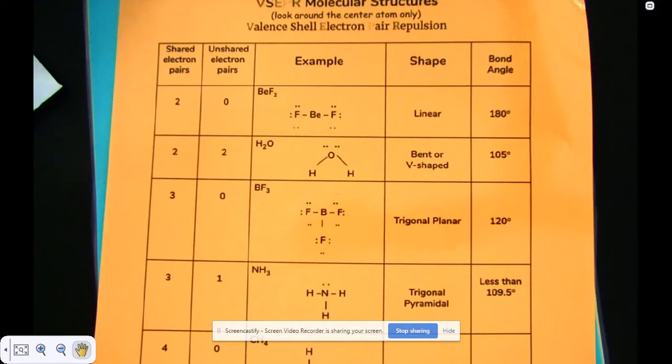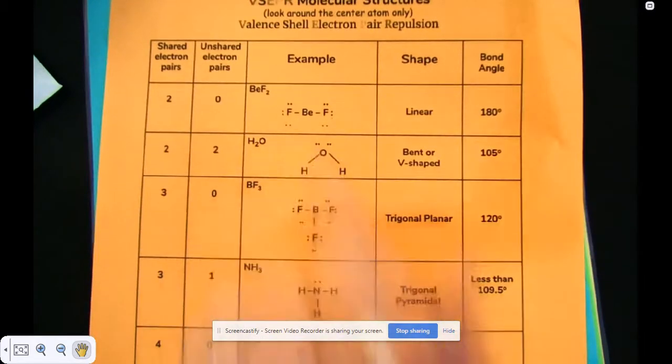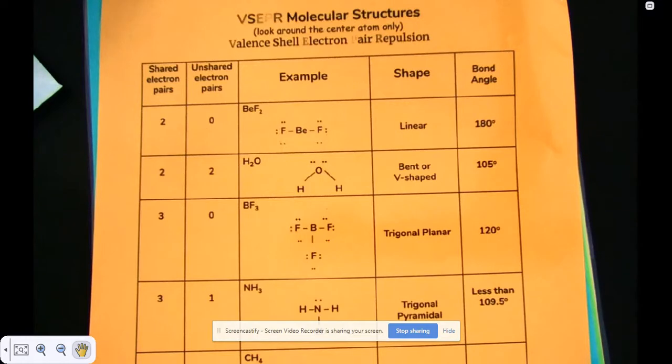So this first example, beryllium fluoride. All right, we've got BeF2. First of all, to come up with this valence arrangement, you have to know how many electrons it would have had. If I look at the periodic table and I count over, beryllium would have 2 valence electrons.